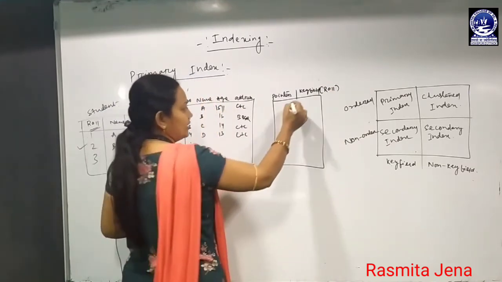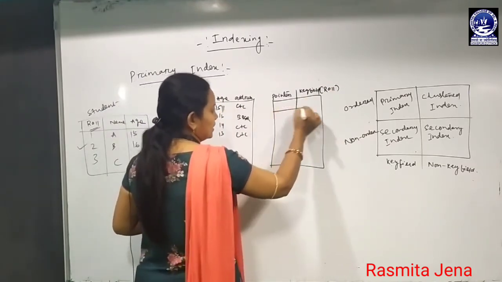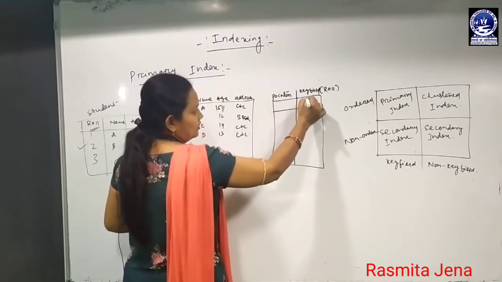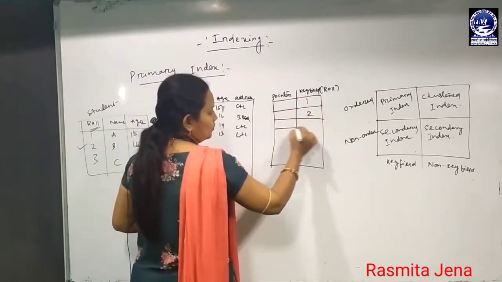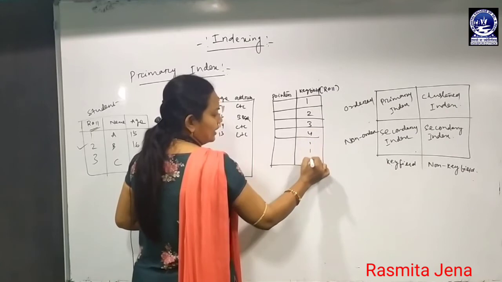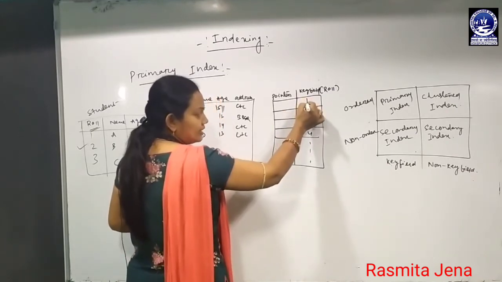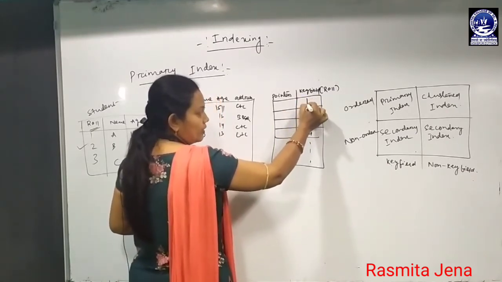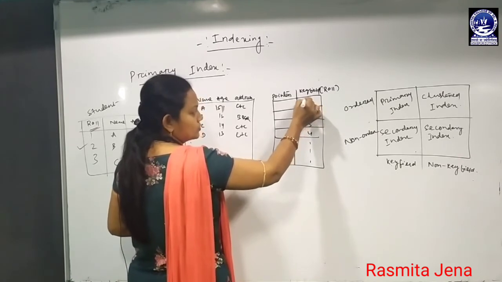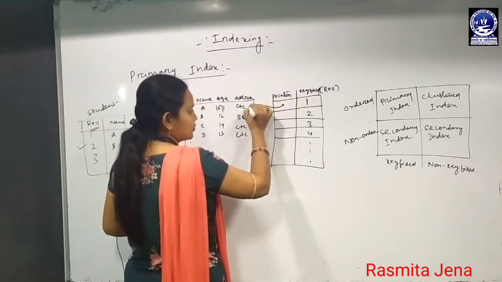And in primary index what exactly happens? Suppose the key field is 1, 2, 3, 4 like this. That means record 1, the roll number 1 student, will be pointed to by this pointer.